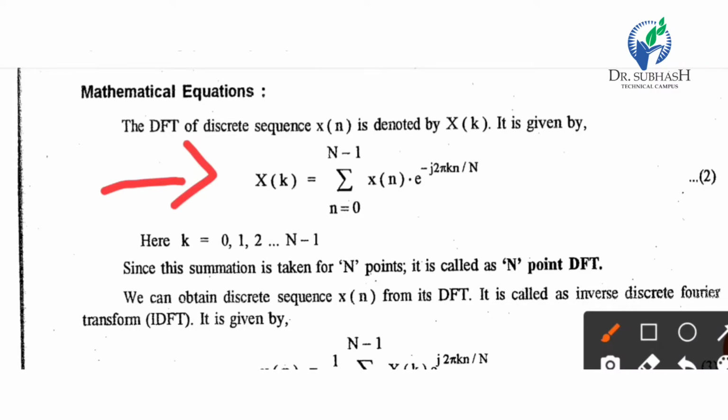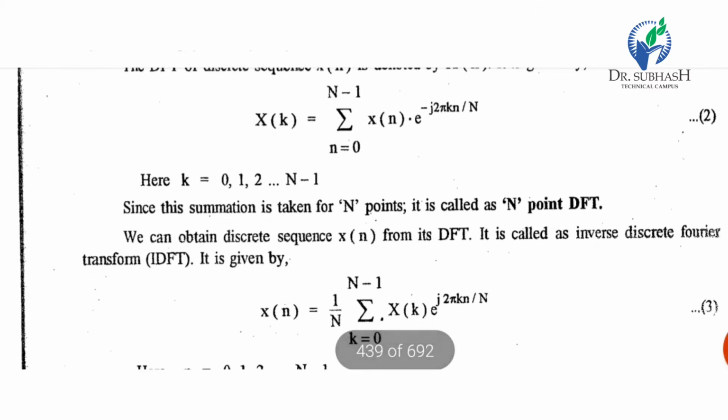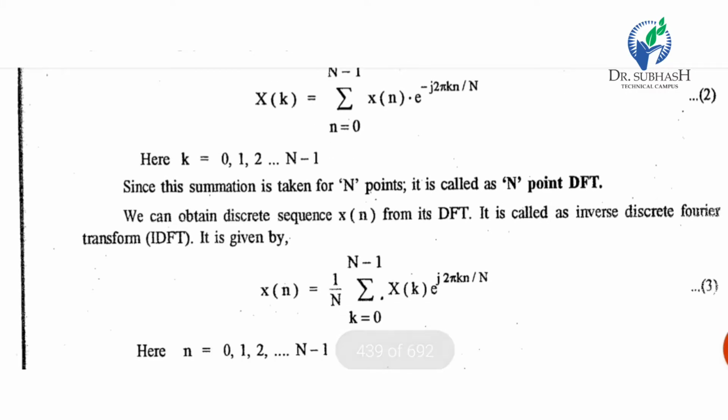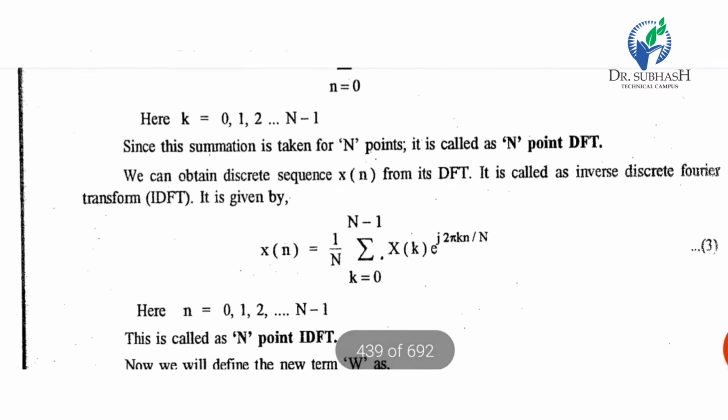So here the k value is from 0, 1 up to N minus 1. Since this summation is taken over N points, it is called N-point DFT. We can obtain the discrete sequence x of n from its DFT.